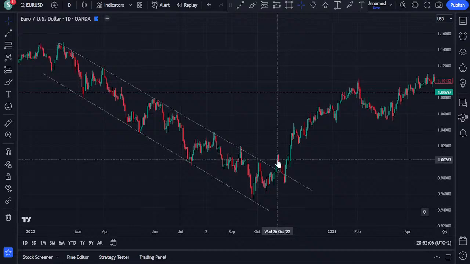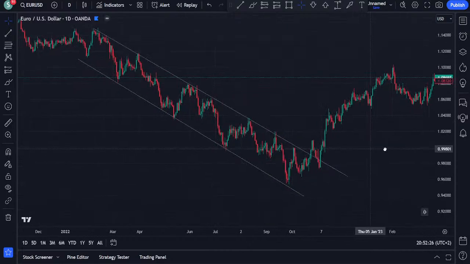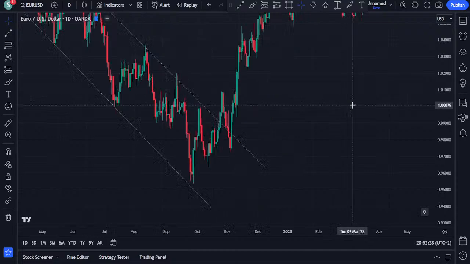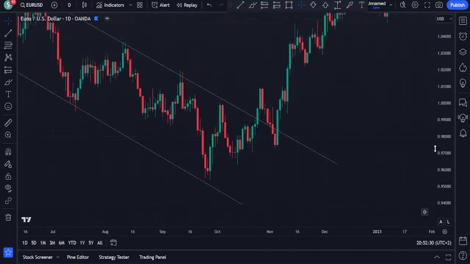My idea is to begin with this hypothesis I have. When we go out of the channel, when we change direction, if it's long, we have to enter on the retrace. That creates something else which is interesting.